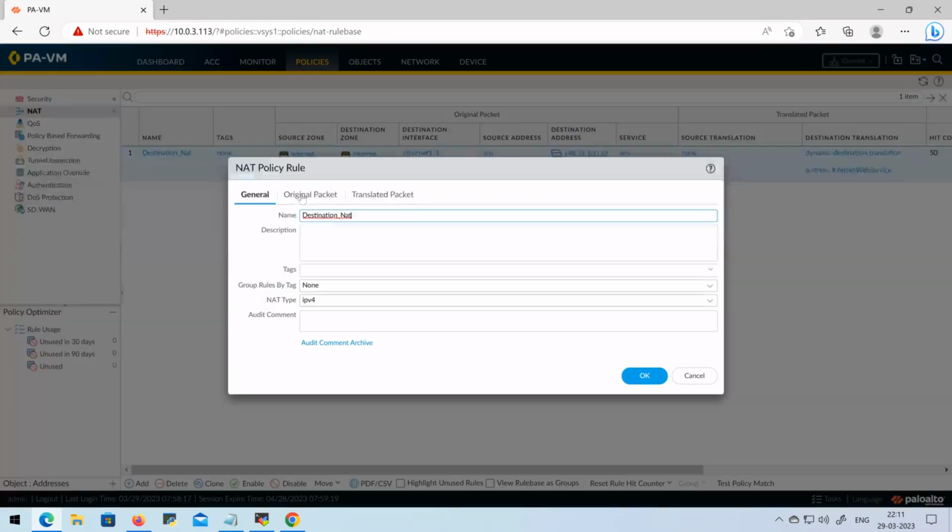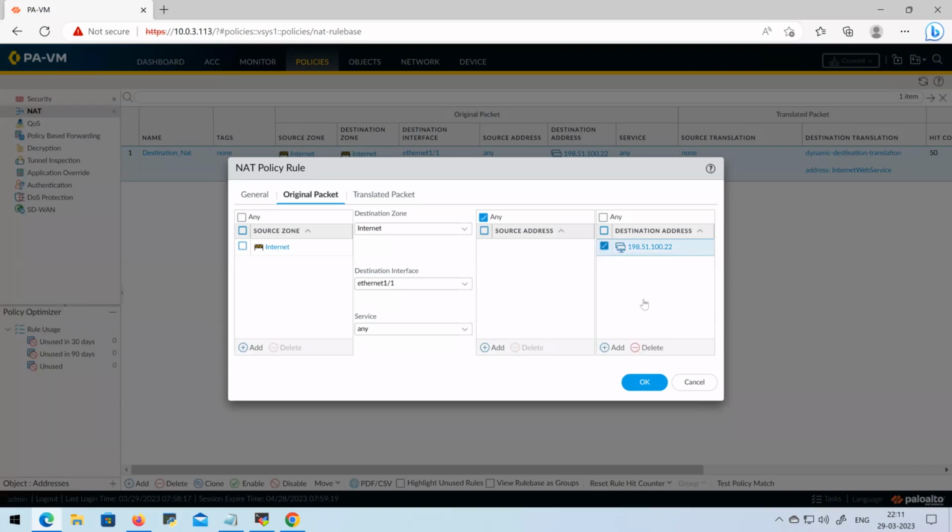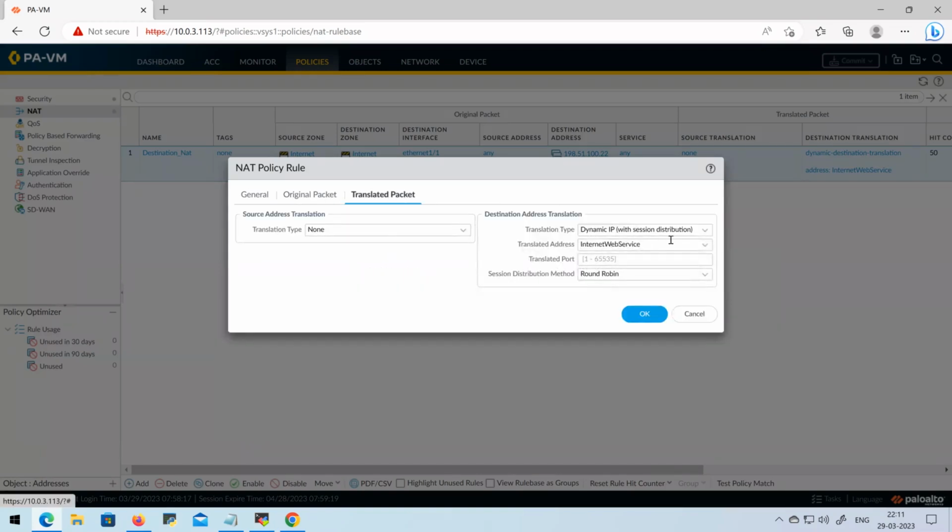Yes, in the original packet, the destination address is not changed. This is the mistake we made.